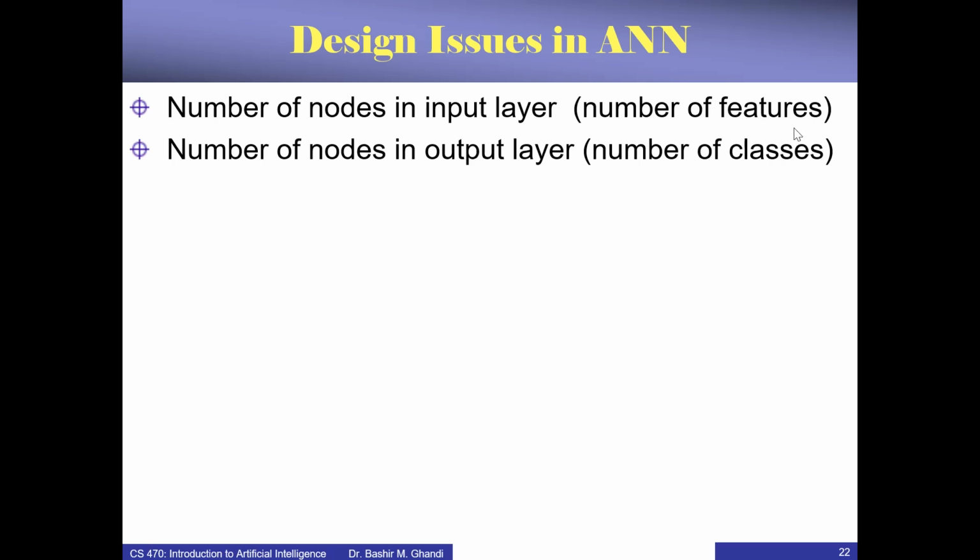We know, of course, there are 10 digits, 0 to 9. In this case you cannot have just 2 nodes in the output layer to give you the zeros and 1, as in the case of binary. Here we need 10 nodes in the output layer, 1 for each digit, and so on. So it basically depends on the classes that you expect to have in the data that you are dealing with. That will determine the number of nodes in the output layer.